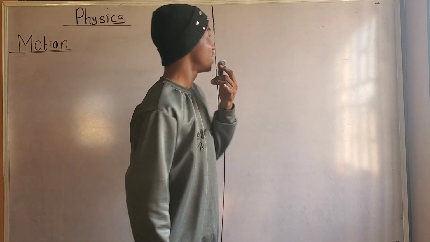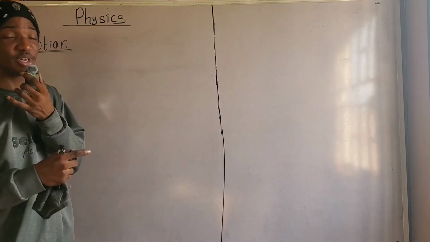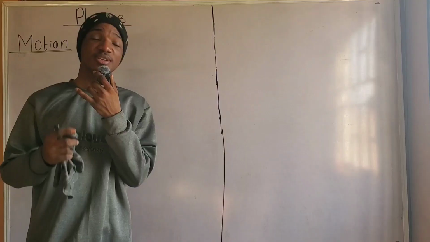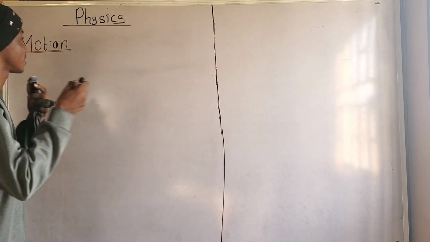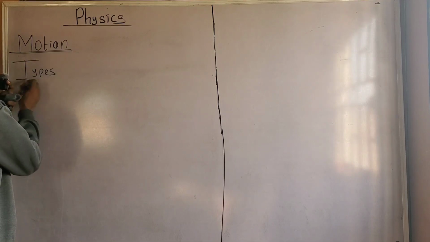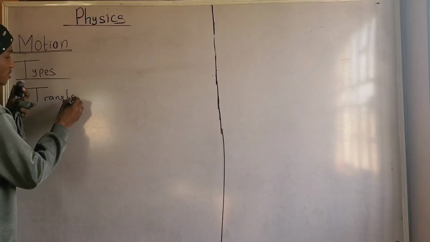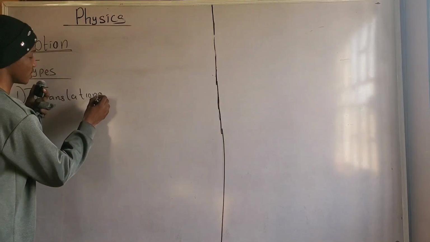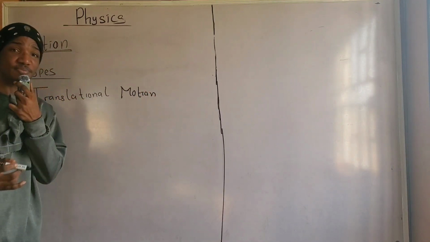Okay, now, having understood what is meant by motion, let's look at the various types of motion that we have. The first type that we're going to talk about is translational motion. Now, pay attention.